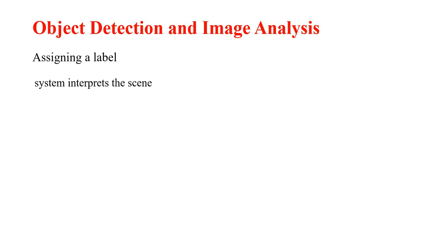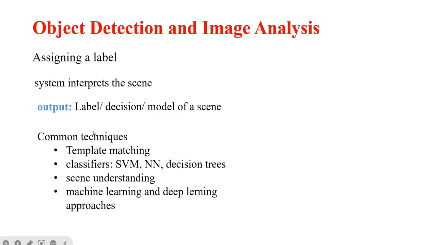Object detection and image analysis are the higher level processing in computer vision that aim to identify, label and interpret the objects or the regions within an image. These techniques are helpful in order to understand the scene and make informed decisions or predictions based on the visual data.